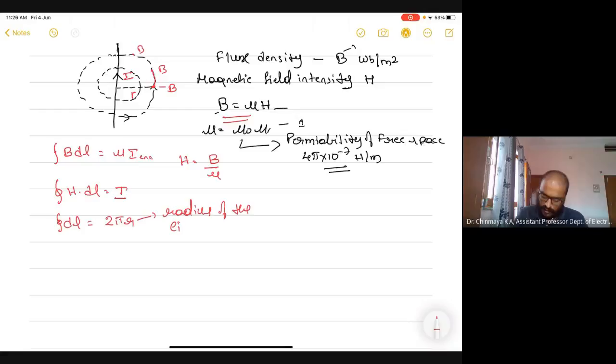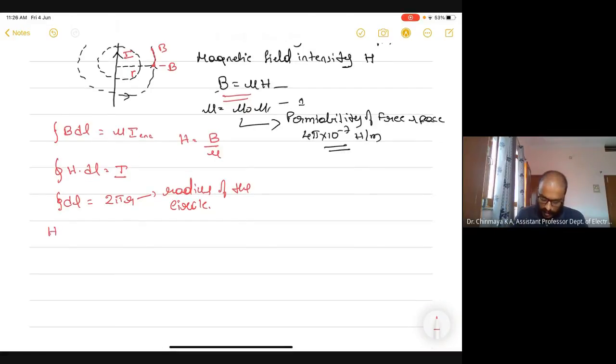It is the distance between the magnetic field which you are considering and the current carrying conductor. We can also write that H into 2 pi r is equal to I, or H is equal to I divided by 2 pi r ampere per meter.